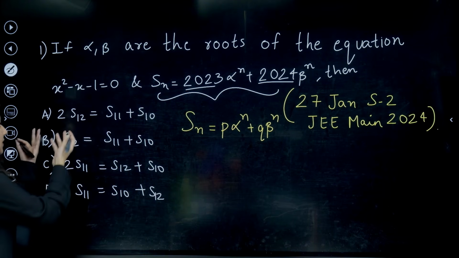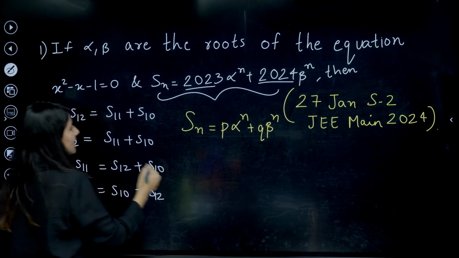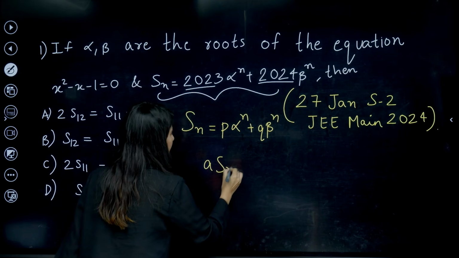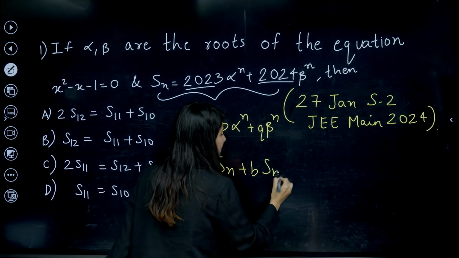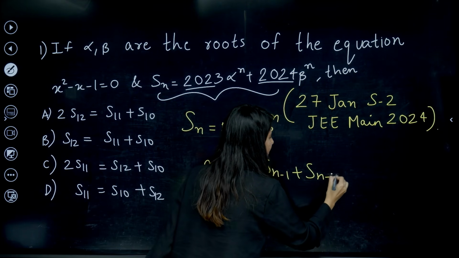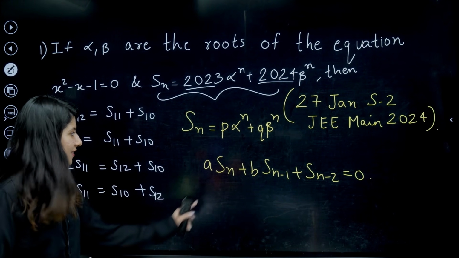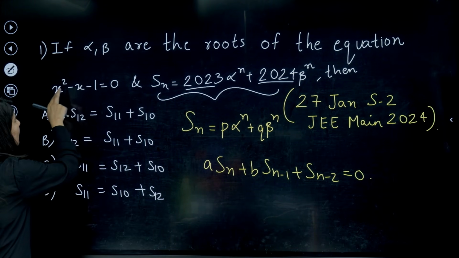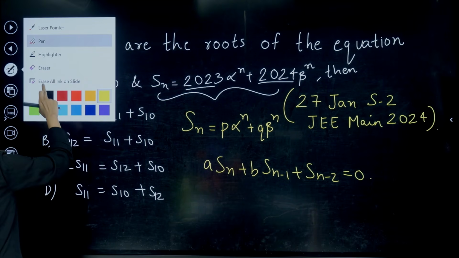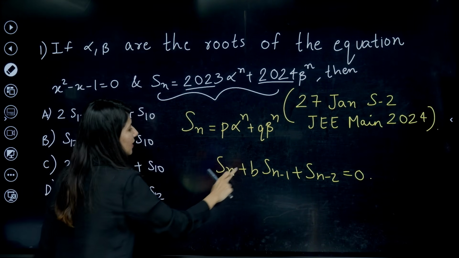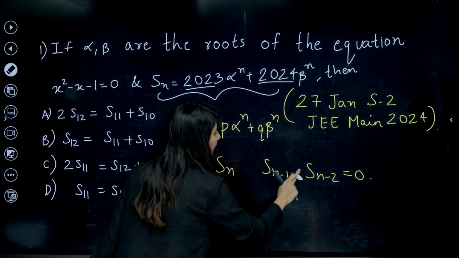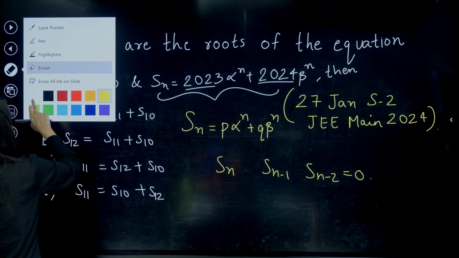So again, this is your x square minus x minus 1. So A Sn plus B Sn minus 1 plus C Sn minus 2 is your Newton's formula, right? This is what we have learned. A is 1, B is minus 1, C is minus 1. So let's apply.